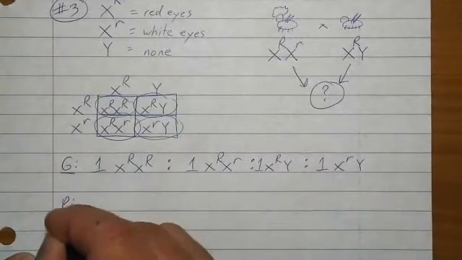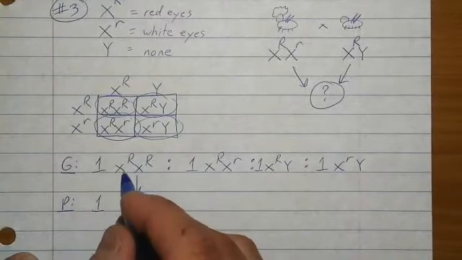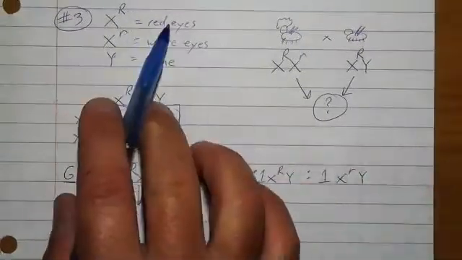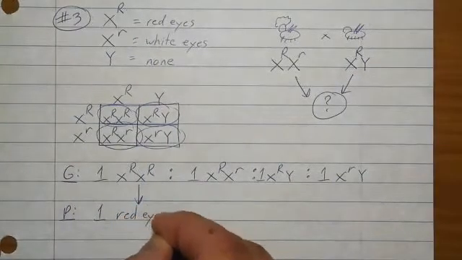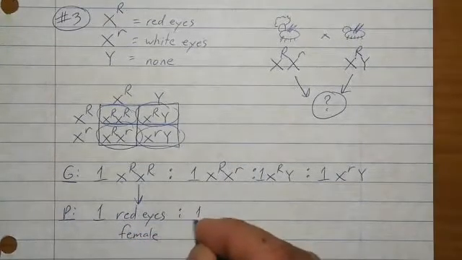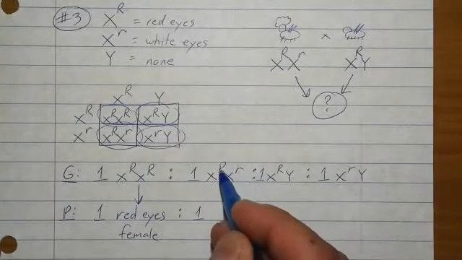All right, so that brings me to my phenotypes. So I have one capital, so the capital is going to win. What is the capital? Capital is red eyes. So we're going to have red eyes, and this is XX, so this is a female. I'm going to have one capital dominates over the lowercase, so the capital is going to win.